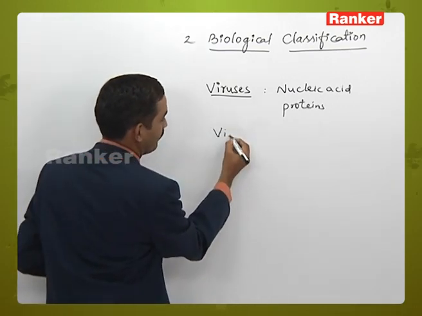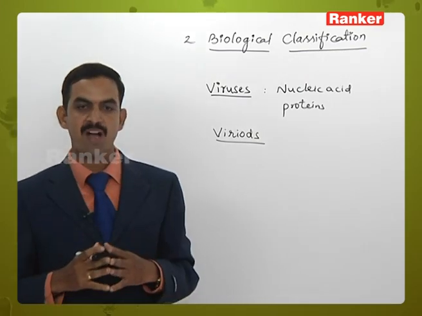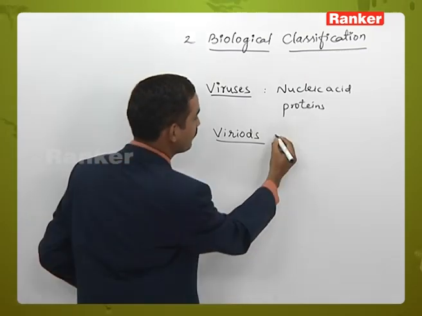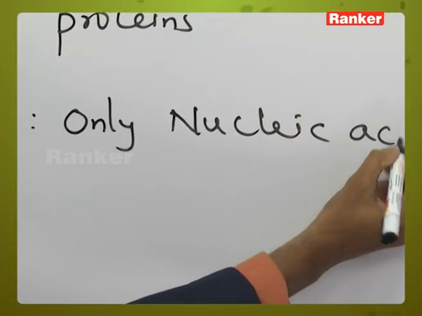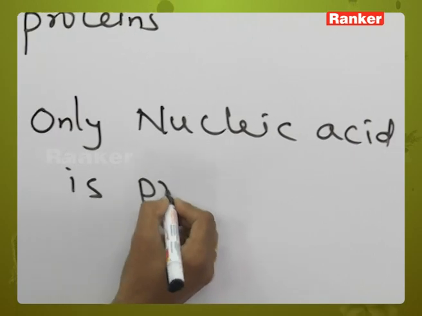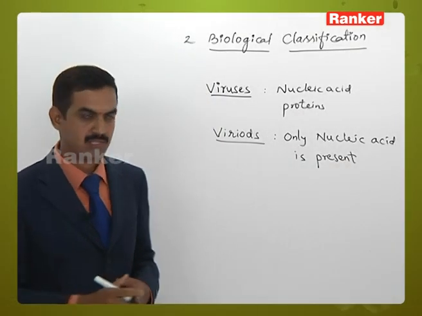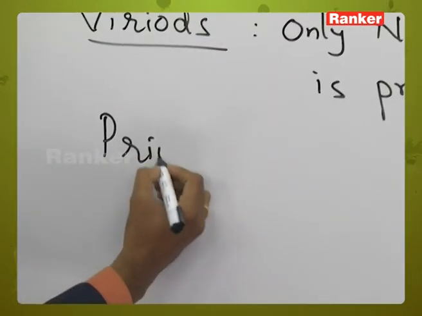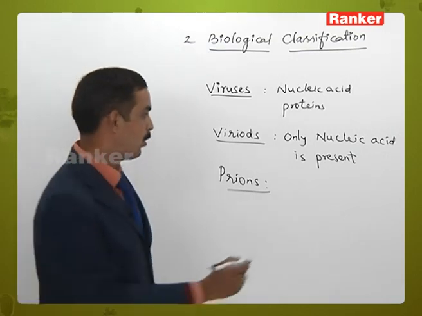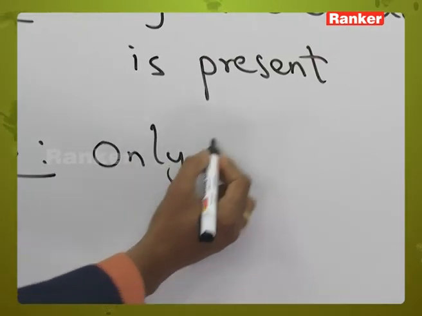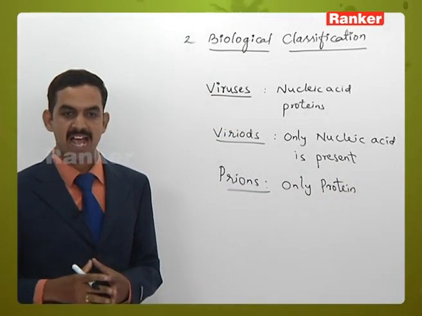Whereas viroids are the virus particles where only nucleic acid is present and protein part is absent. Prions are specialized particles where only protein is present, whereas nucleic acid is absent.